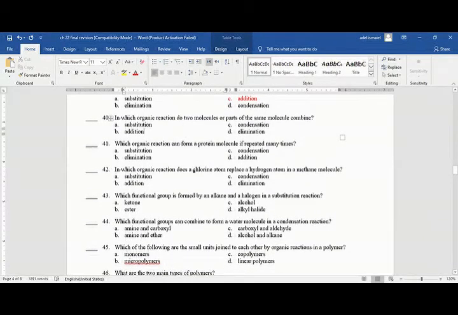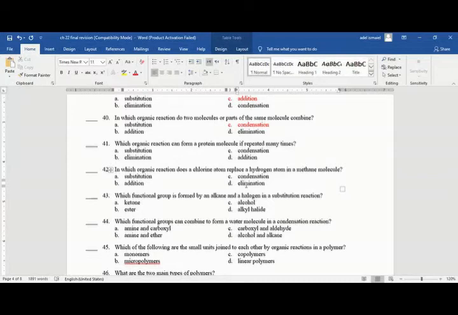In which organic reaction do two molecules or parts of the same molecule combine? They combine together, so this is a condensation reaction. Why didn't we say addition? Because addition means I add something to the compound. But if you have two molecules or parts of them and they combine together, they condense.